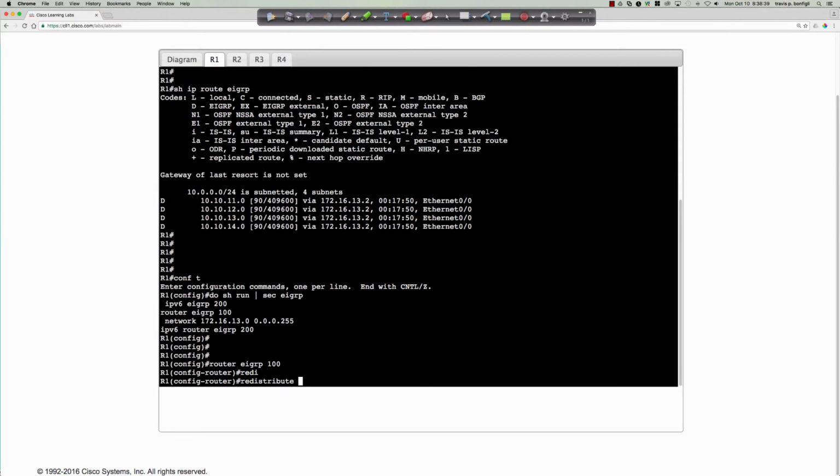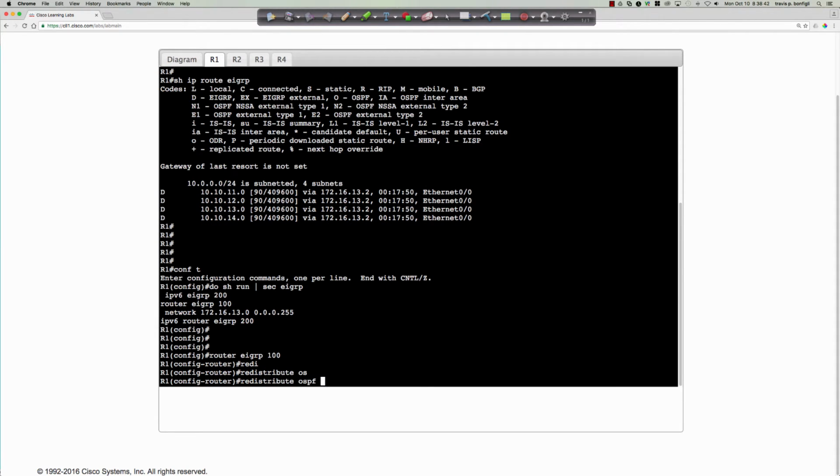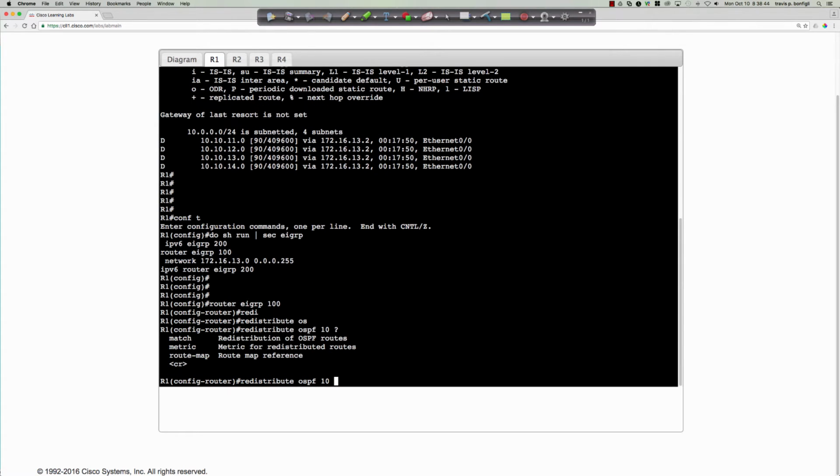Now, basic redistribution. I'm going to talk through how I translate it into English when I'm looking at it, because sometimes it can become a little confusing for learners seeing redistribution for the first time and trying to figure out how do I know what's being redistributed into what, and what direction things are going. I'm basically saying redistribute from OSPF, the routing information that's part of the OSPF domain, or process ID 10, into EIGRP 100 on this router.